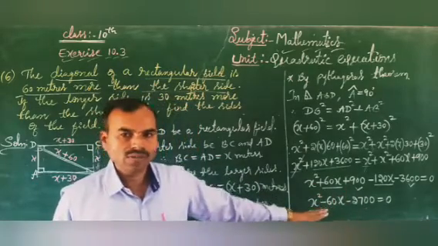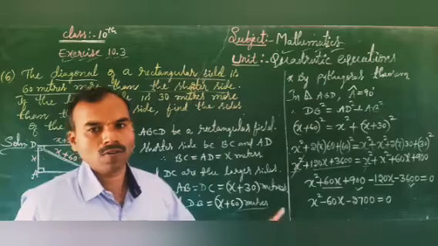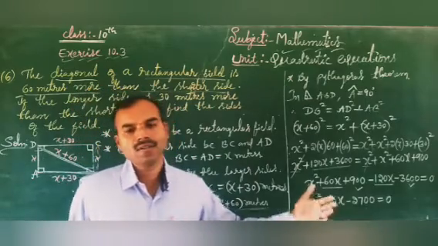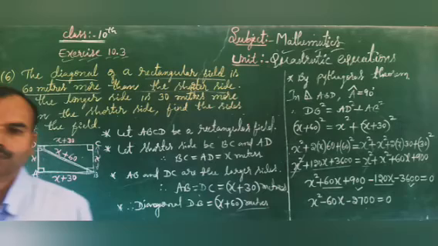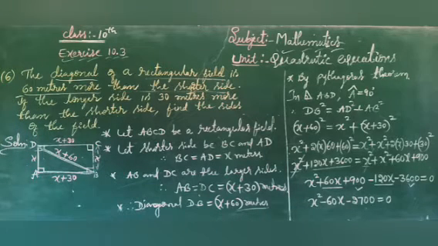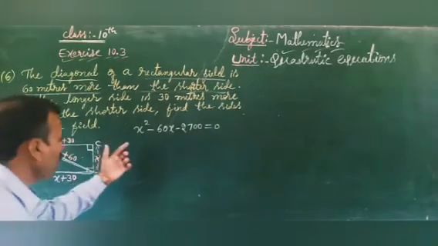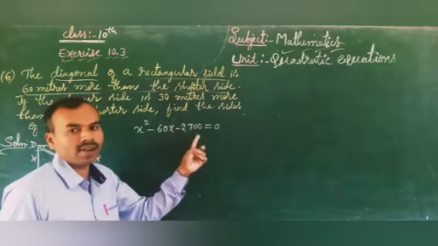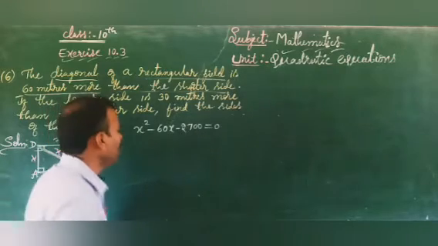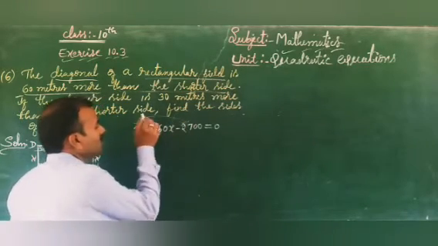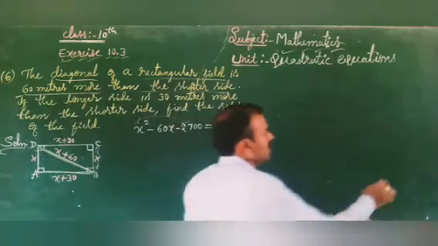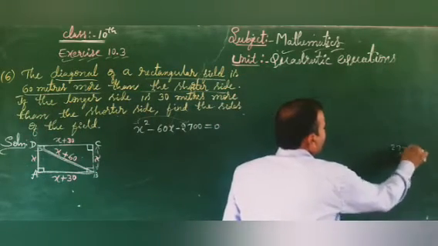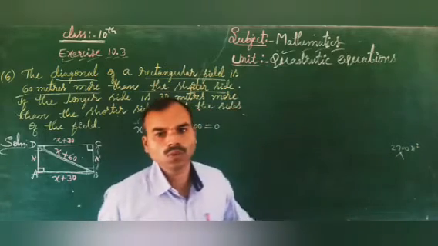Now we solve either by using factorization or by using the formula. Now we solve x square minus 60x minus 2700 by the factorization method. Multiply the first term and the last term, it is minus 2700x square. We split these two.